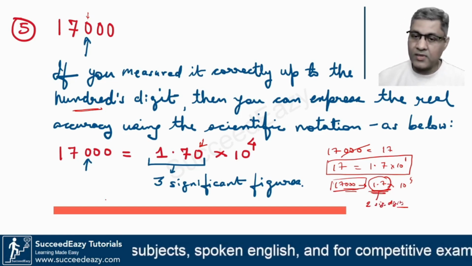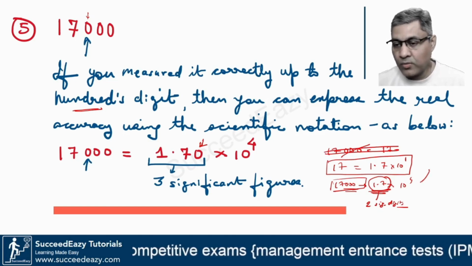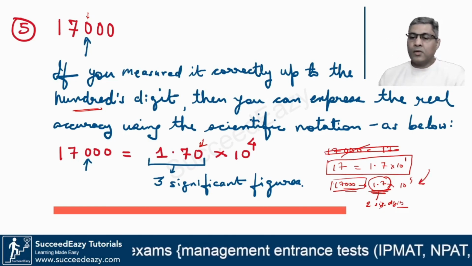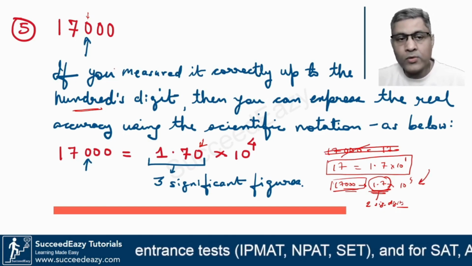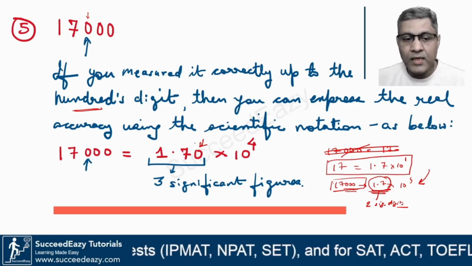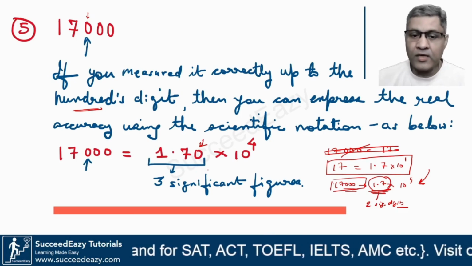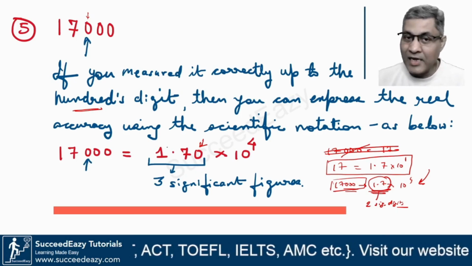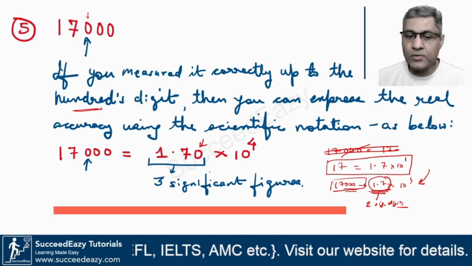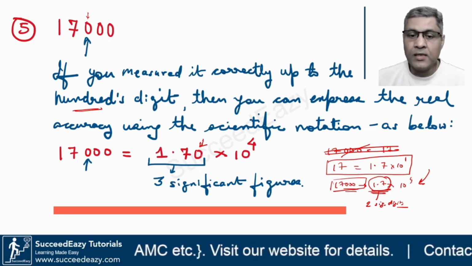Do you understand? Ignore this. Consider what we discussed later. Okay. So remember that if you want to show the right level of accuracy, then this is how you can correctly express it by using scientific notation, which clearly shows the level of accuracy that you want to depict.